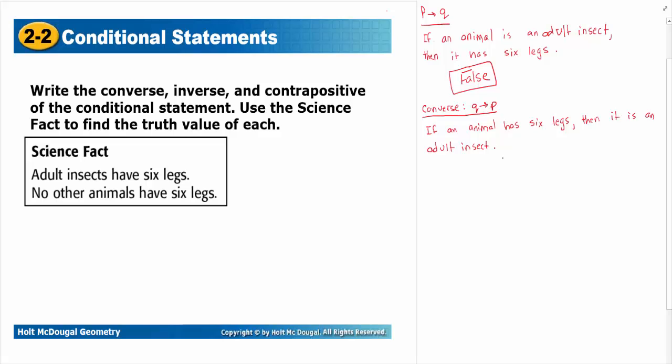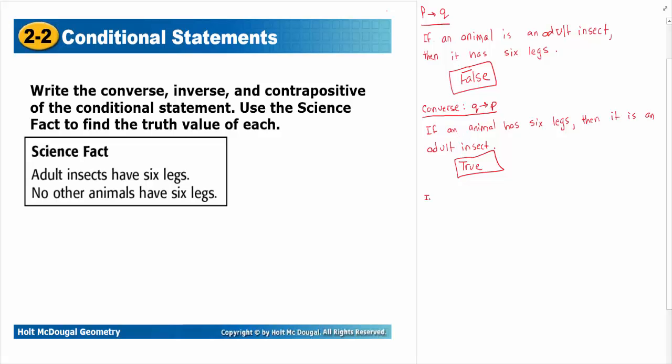So if you look at the statements here, adult insects have 6 legs. So if an animal has 6 legs, it must be an adult insect, because that's what the statement says, or a science fact. So this would be a true statement. There's our converse, and it happens to be true. Just because a statement is false doesn't mean its converse is false.